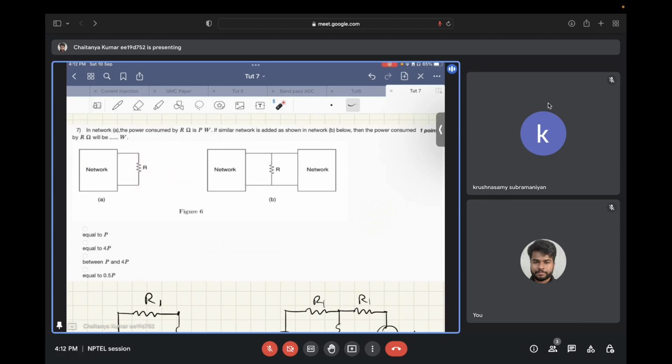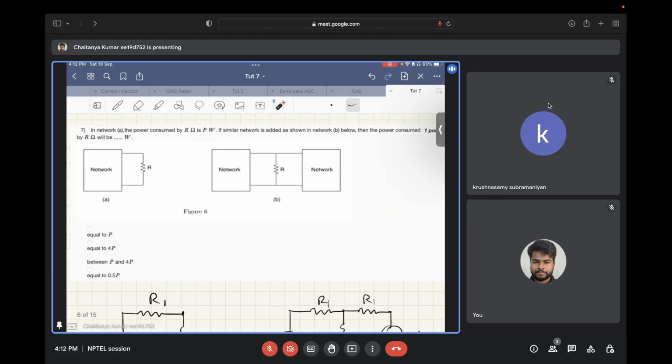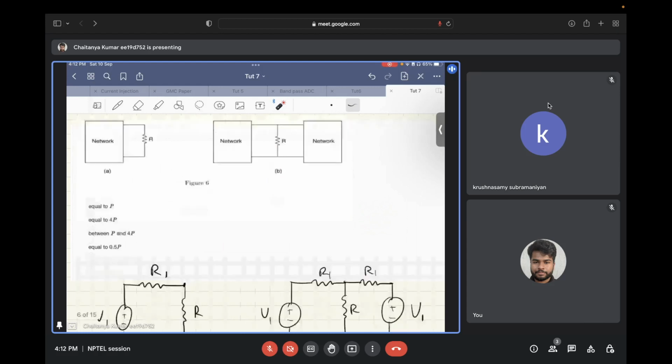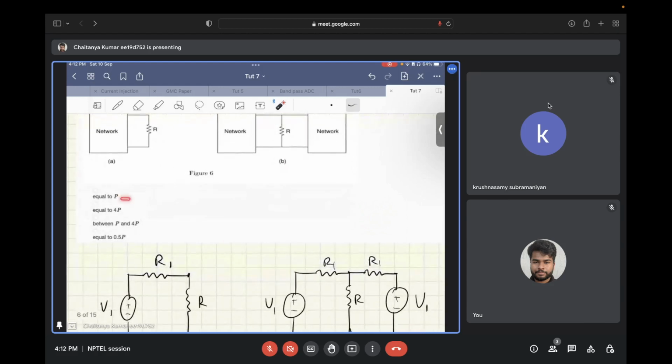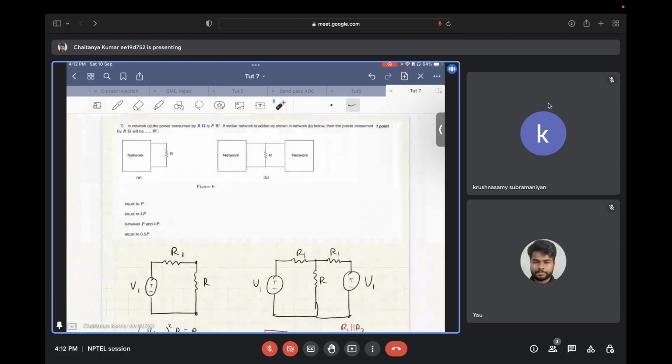Then the question asks: if an identical network is connected in parallel to this, what will be the power consumed by this resistance? We have four options: equal to P, equal to 4P, between P and 4P, and equal to 0.5P.